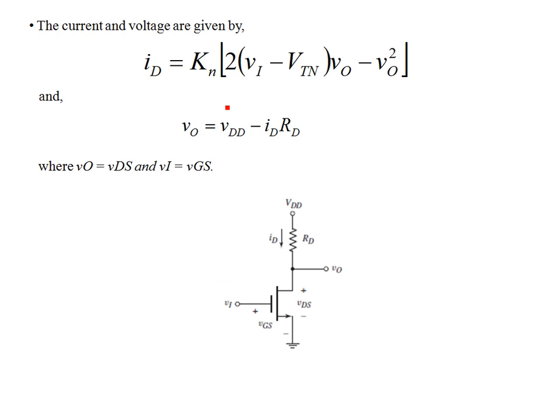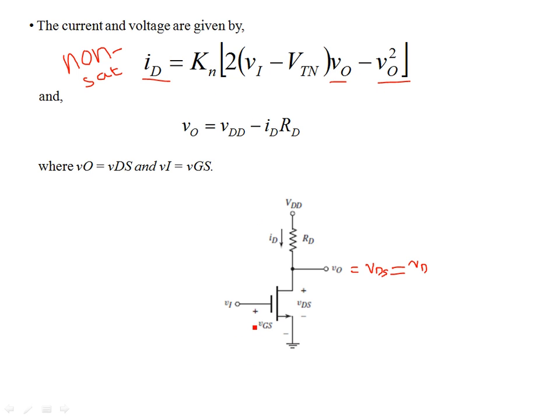In the non-sat region, this current-voltage relationship is for non-saturation. If you recall, in non-saturation region your current is dependent on VDS. In this case V naught is your VDS, the same thing, because the source is grounded. So the current is dependent on VDS.